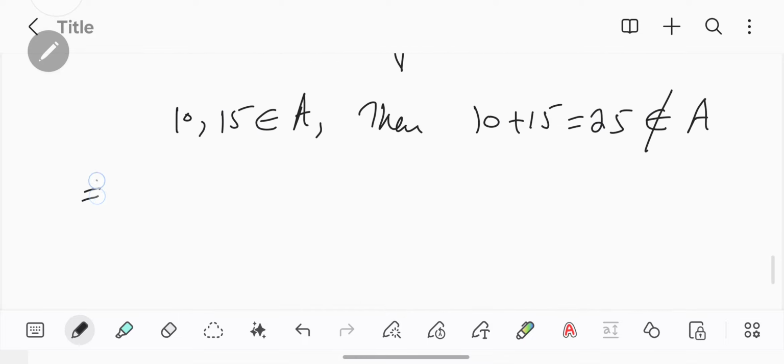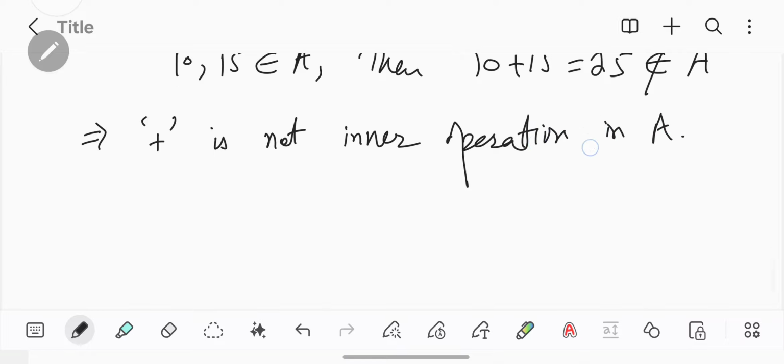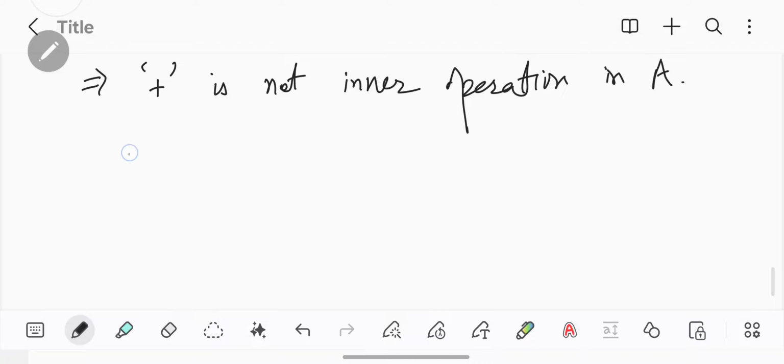So you will say star is okay, addition is not an inner operation in A.